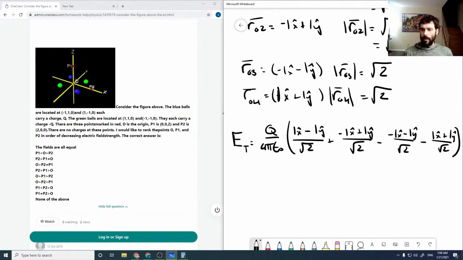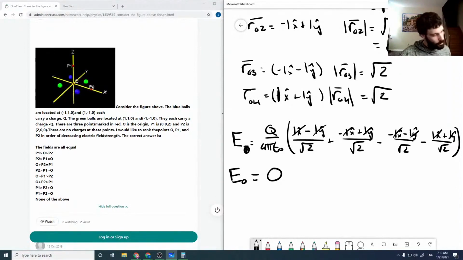So that was our 4, 3, 2, and 1. And we can see here now that this will cancel with this, this will cancel with this, and this will cancel with this. So our E0 is then going to be just 0. So our E at our origin is just 0.